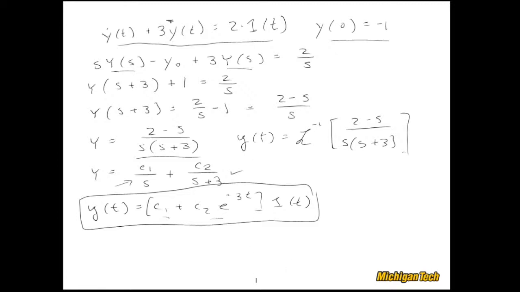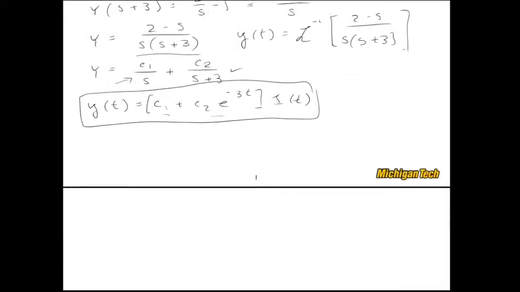So let's do that. I'm going to just bring this down a little bit so we can still see how we broke things up. Okay, to get C1, I can obtain it by taking Y, multiplying it by s, and then setting s equal to 0. And the reason I'm setting s equal to 0 is because that factor has to do with a root at 0.